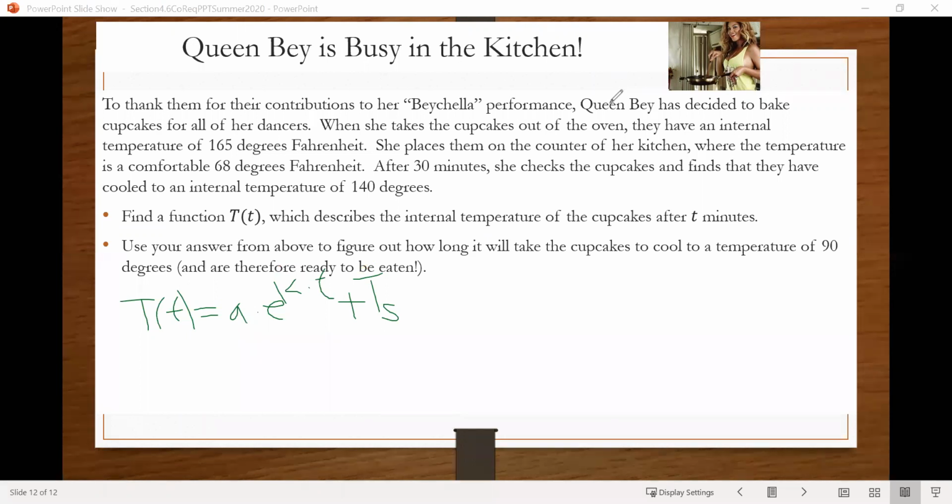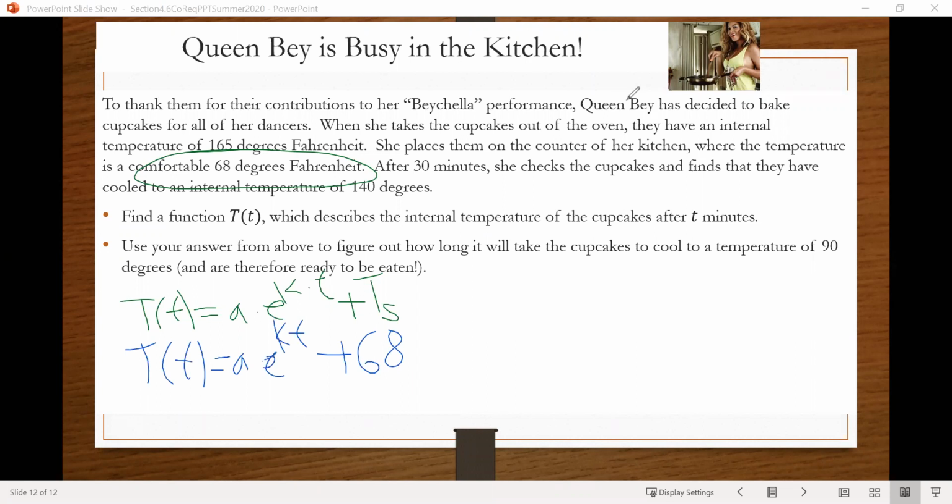And so the cupcakes, once they're taken out of the oven, are put in an environment where the temperature is 68 degrees Fahrenheit. So we know that T sub S should be a plus 68. And so now we're on our way to finding the rest of the equation.